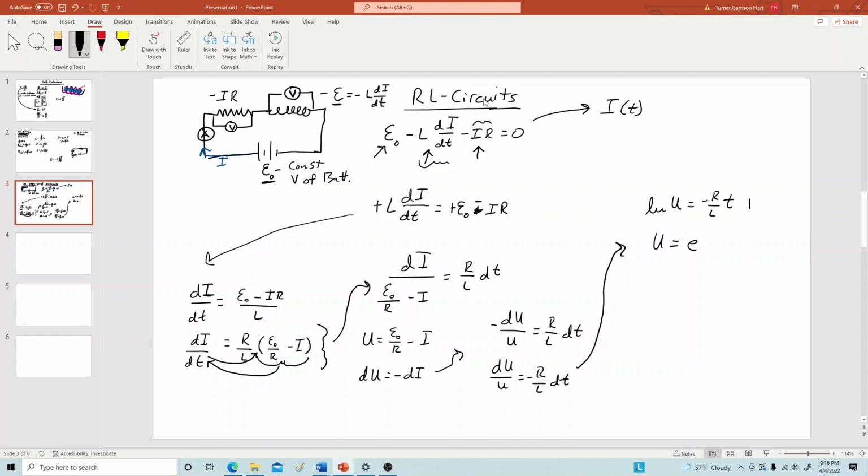Technically, there's an integration constant out here. So I really should write this down as that integration constant times e to the negative R over L times t.